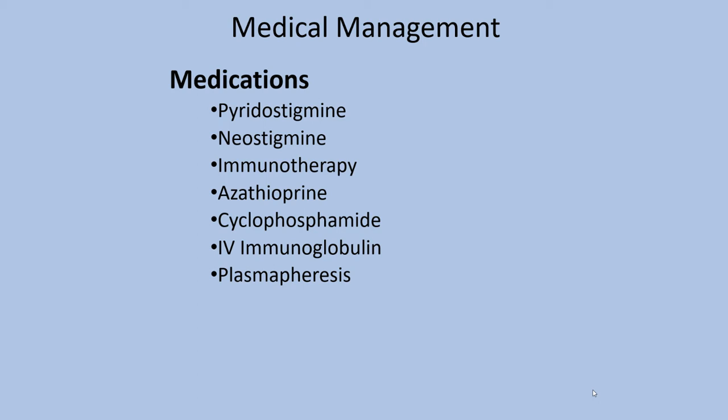It can be used in acute interventions to decrease the severity of myasthenia gravis exacerbations, or even as chronic maintenance therapy, or even pre-thymectomy, so right before surgery. These infusions are super expensive and they also take a while. They run like 4 to 6 hours, depending on the dosage.